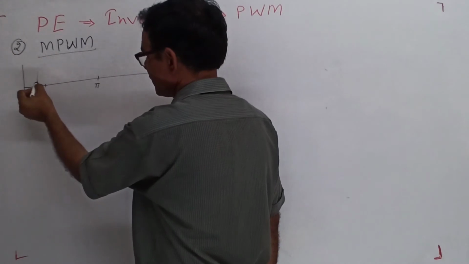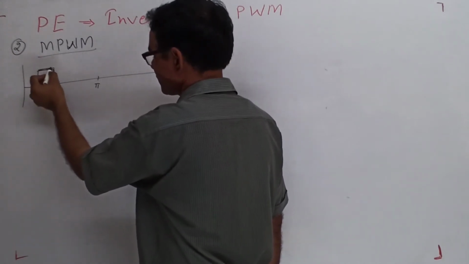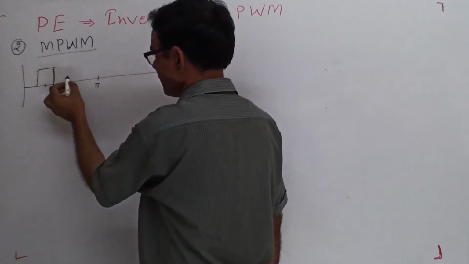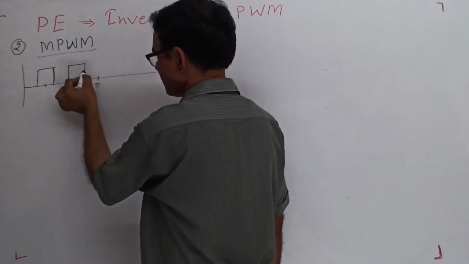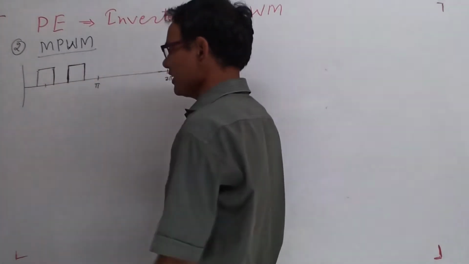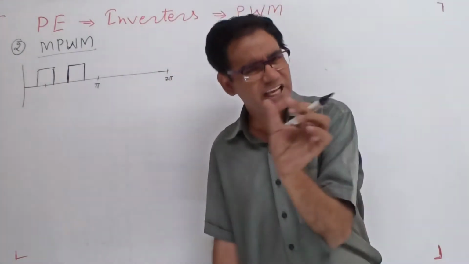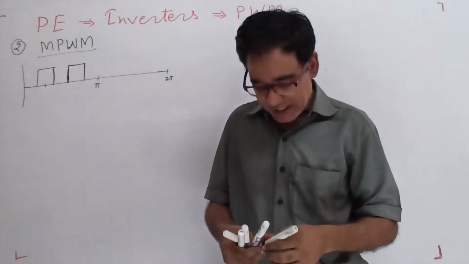One pulse over here, another pulse over here. Both pulses have the same width and the same gap in between.